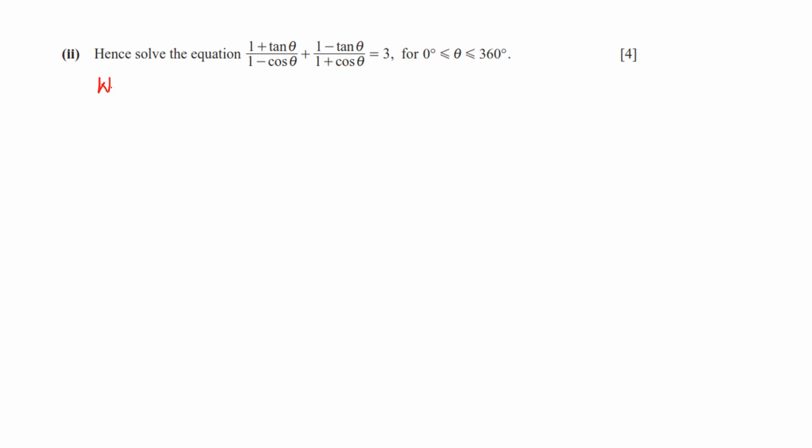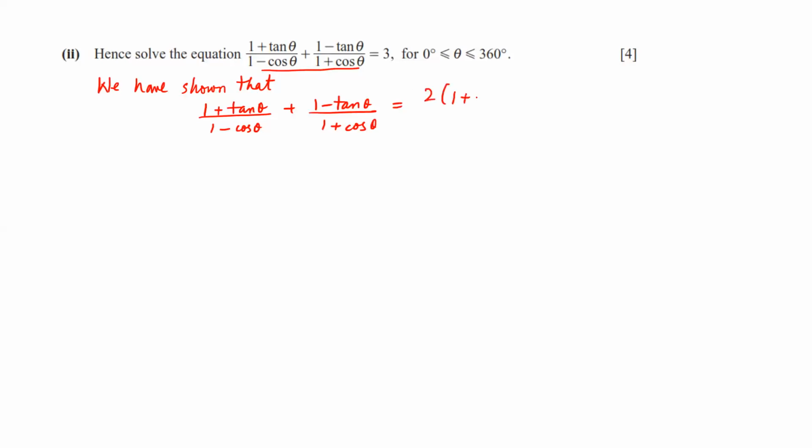So we have shown that this whole left hand term, (1 plus tangent of theta) over (1 minus cos of theta) plus (1 minus tan theta) over (1 plus cos of theta), is equal to 2 into (1 plus sine theta) over sine square theta, which is equal to 3.